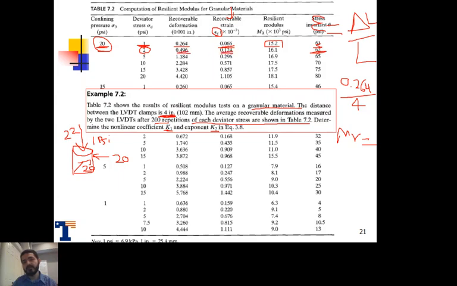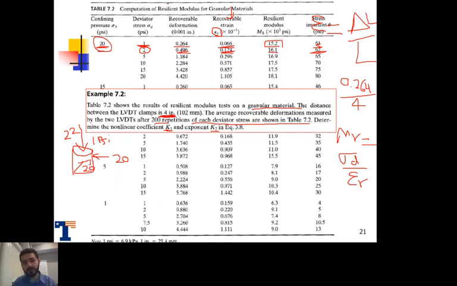We get the recoverable strain by dividing 0.496 times 0.001 over the 4 inches to get 0.124, and then the resilient modulus again will be the deviator stress over the recoverable strain. So in this case it would be 2 over 0.124 times 10 to the power minus 3 to get 16.1 times 10 to the power 3.